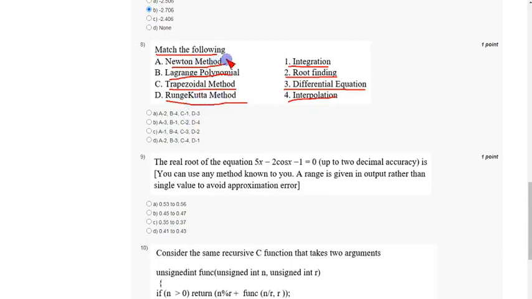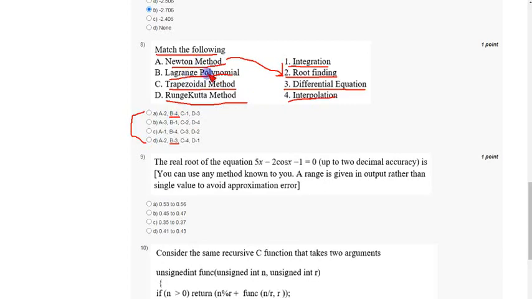Newton method is used for finding the root. So A is 2.